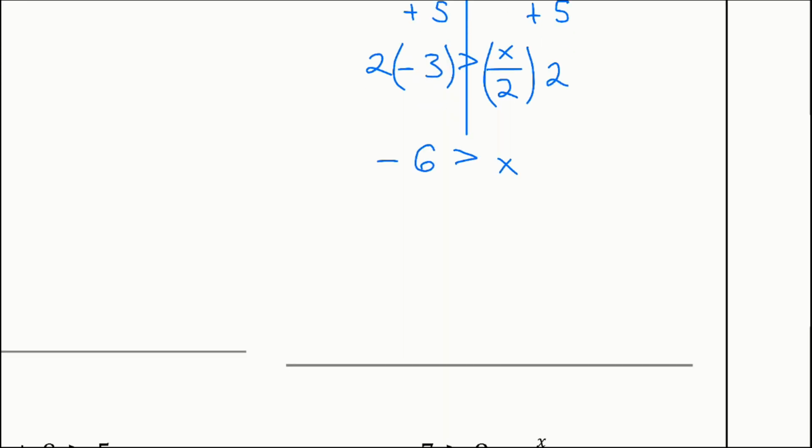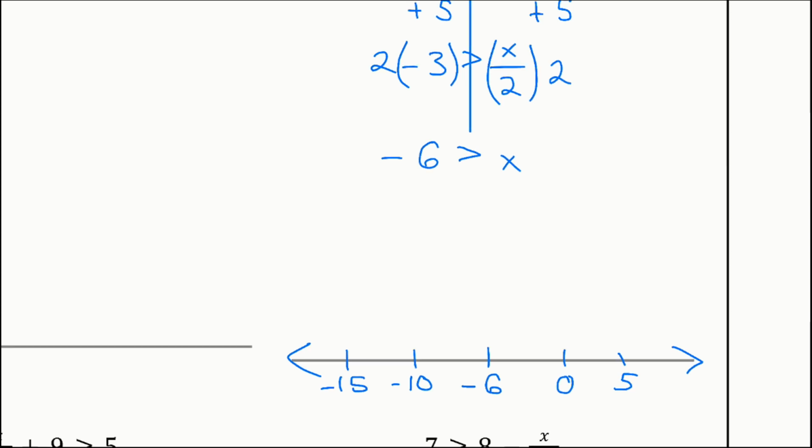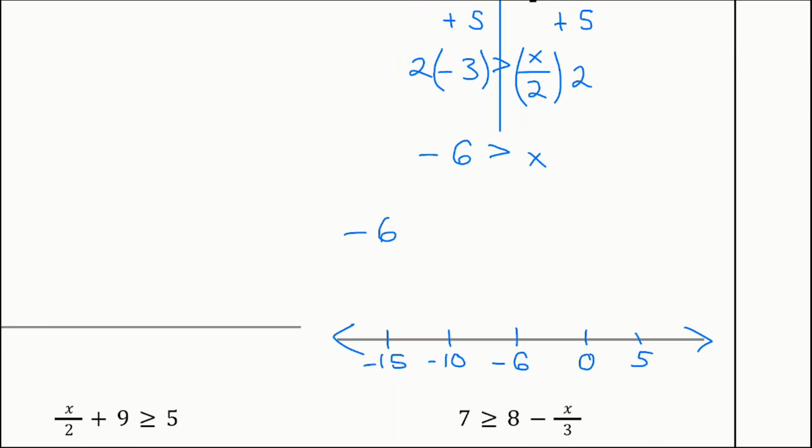All right? So our solution is negative 6 is greater than x. 1, 2, 3. So this is going to be a negative 6 in the center here. What's larger than negative 6 would be 0 and then 5. What's smaller would be like a negative 10, negative 15. Substitute in your numbers.